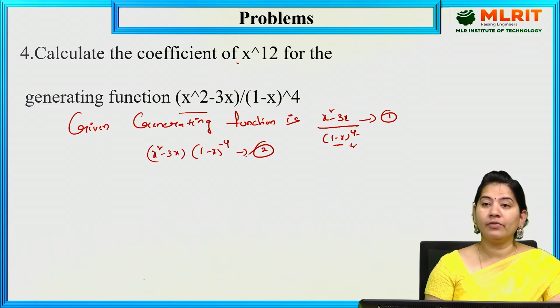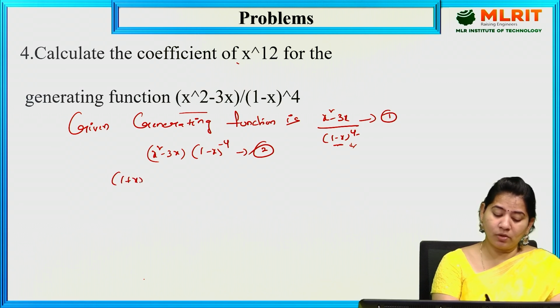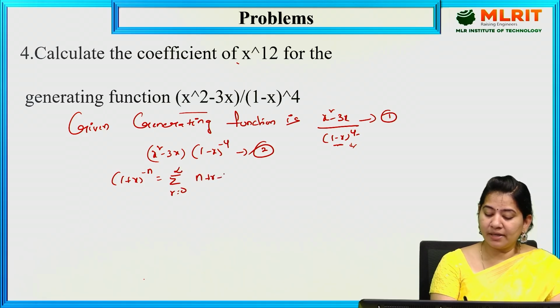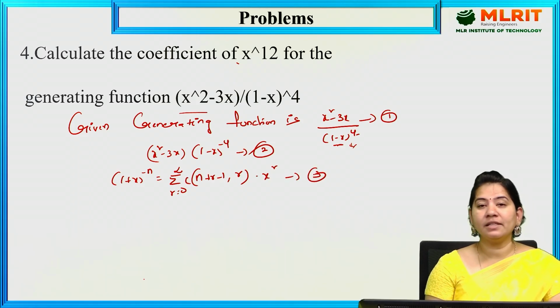Since the n value is negative, we know the formula: 1 plus x whole power minus n is equal to sigma r equal to 0 to infinity C of n plus r minus 1 comma r into x power r, which is equation 3. Now substitute these values.